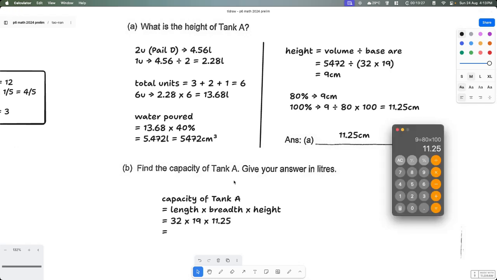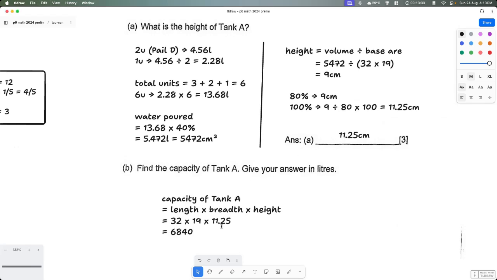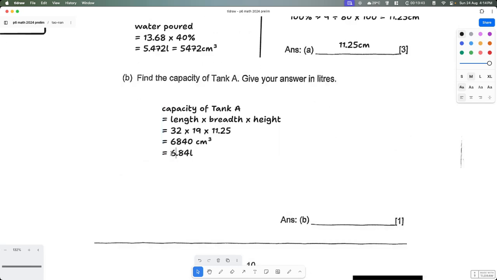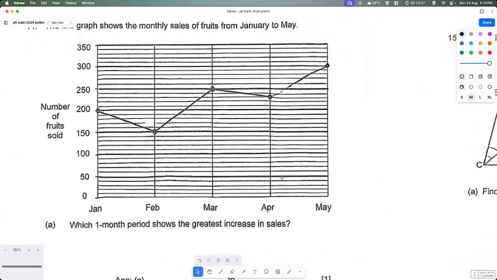Let's use the calculator. That gives 6,840 centimeter cube, sorry, which is equal to 6.84 liters. There you go, so that's the answer, 6.84 liters. Let's move on to the next question.